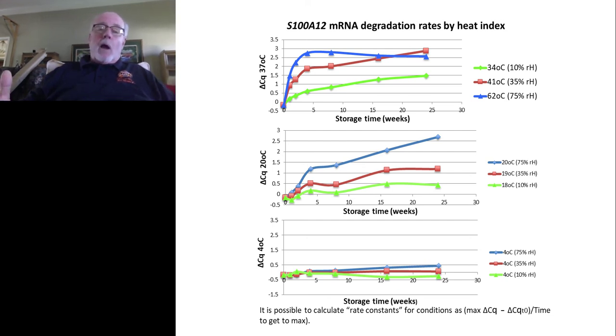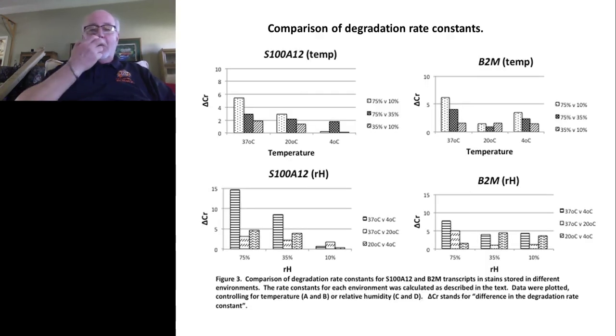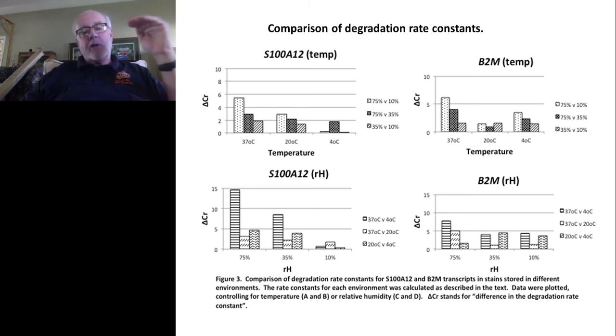So how do we factor all of this environmental effect into an algorithm that will allow us to continue to estimate the age of the stain? Well, we haven't gotten there yet, but we've chosen to start off by comparing degradation rate constants. A degradation rate constant in this discussion is basically the maximum delta CQ value that is achieved during storage.